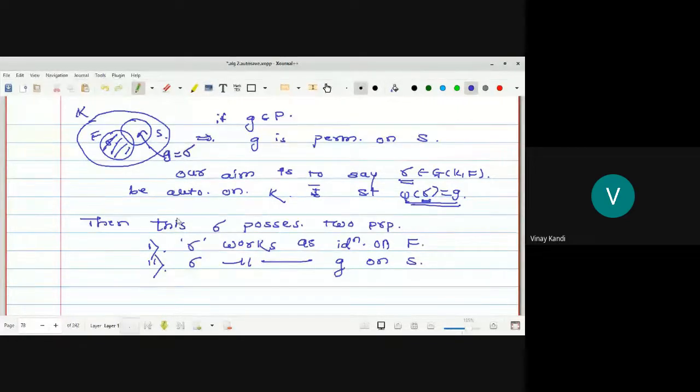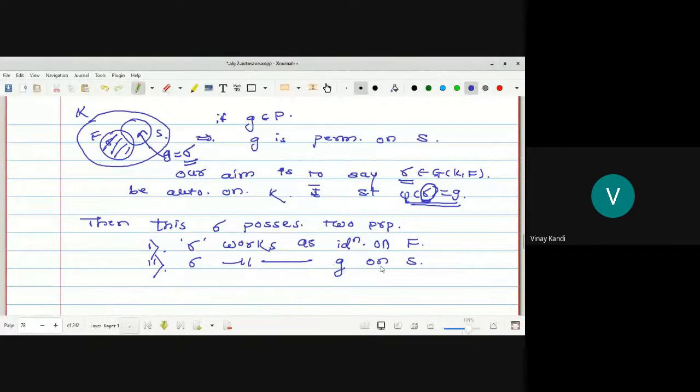For a permutation G to exist so that psi of sigma is equal to G, how should this sigma work? Sigma works as the identity on the field F, and sigma works as G on the set S.